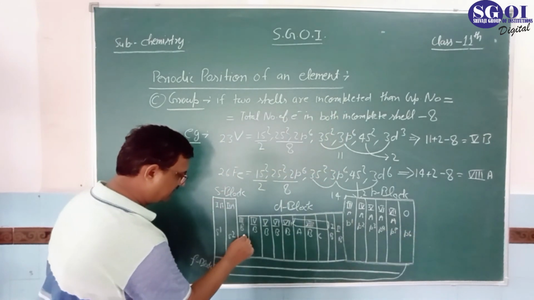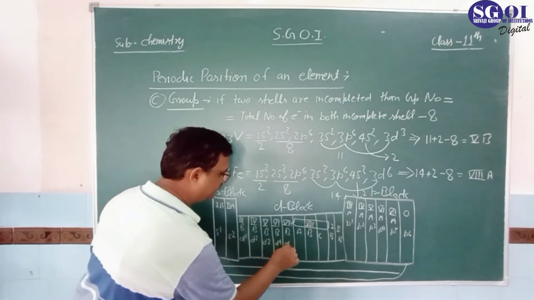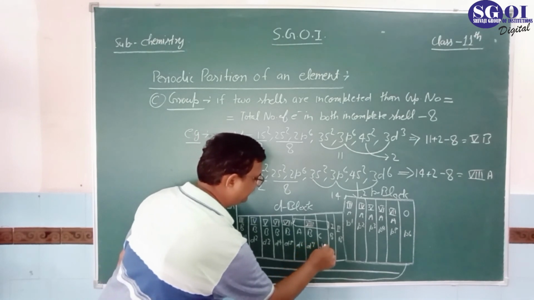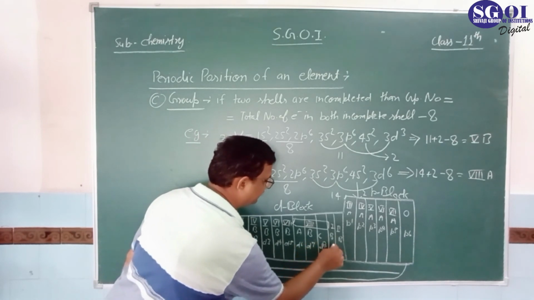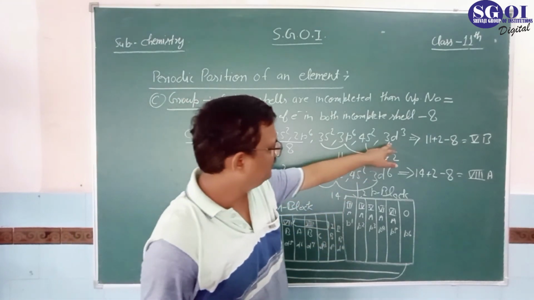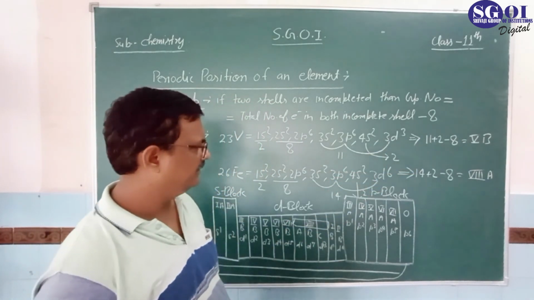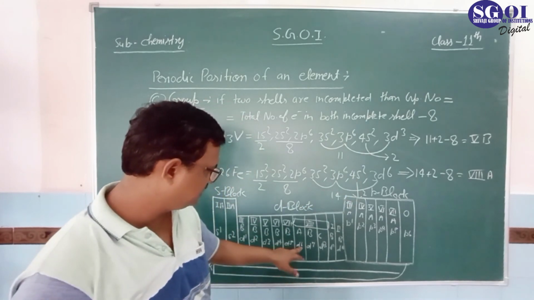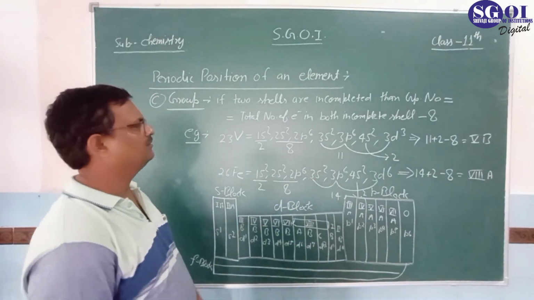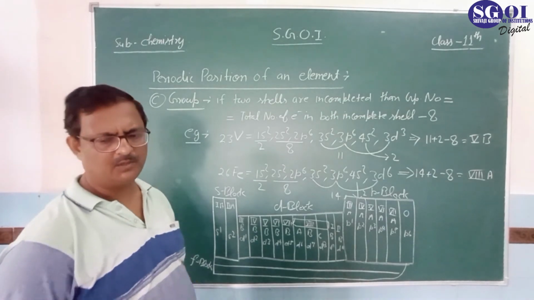Here is D1, D2, D3, D4, D5, D6, D7, D8, D9 and D10. So 3d3, D3 is the 5th B, and D6 is the 8th, so we write A. So this is all about this chapter. Now the chapter is completed. Revise it properly. Best of luck.